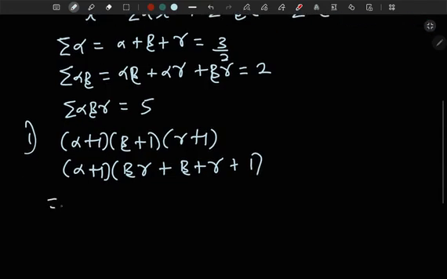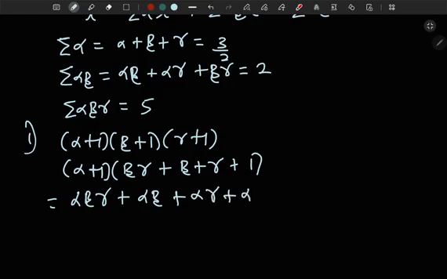Then expanding this, now we're going to have alpha beta gamma, then alpha beta, alpha gamma, then alpha, then plus beta gamma, plus beta, plus gamma, then plus 1.